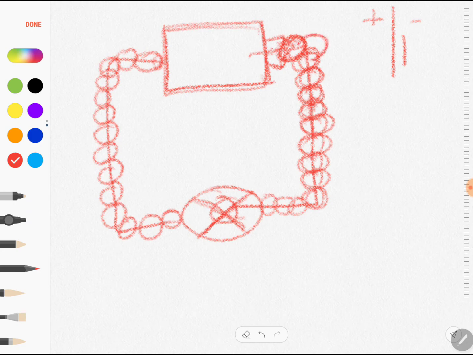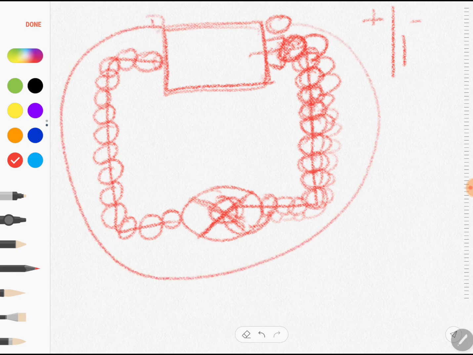This one will push this, pushing, and you can imagine the domino effect until the one that's next to the lamp moves into the lamp and the lamp lights up. So please take note again, it doesn't happen this way: turn on the switch and then the charge goes out of the battery and then zoom. No, it's not like that.